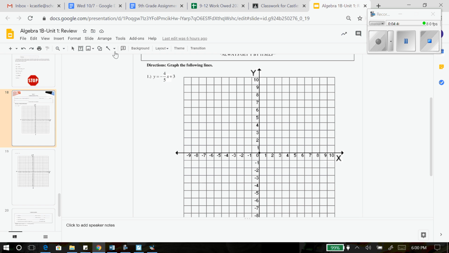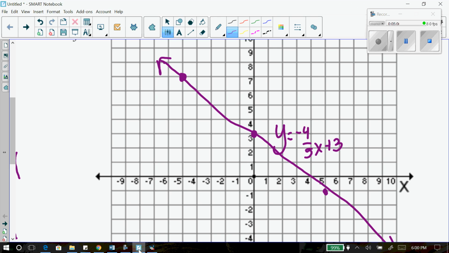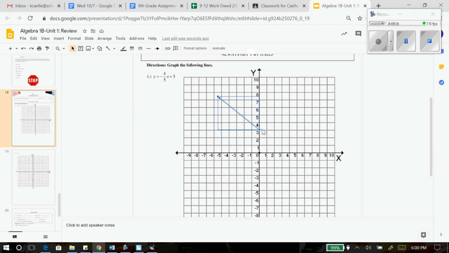So click that, 0, 3. Negative 5, 7 is there. Okay. And then this way, this direction, we want it at 5, negative 1. So let's see if I can extend it this way to go through 5, negative 1. And there's my line.